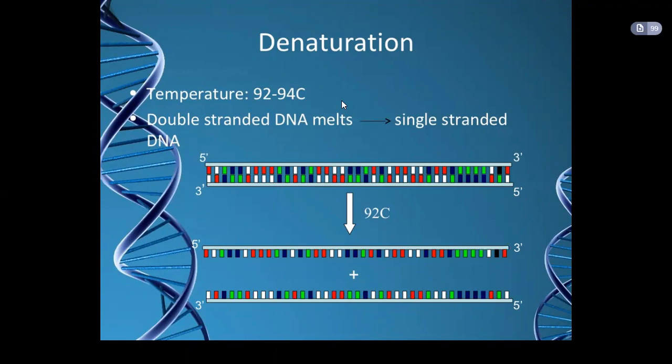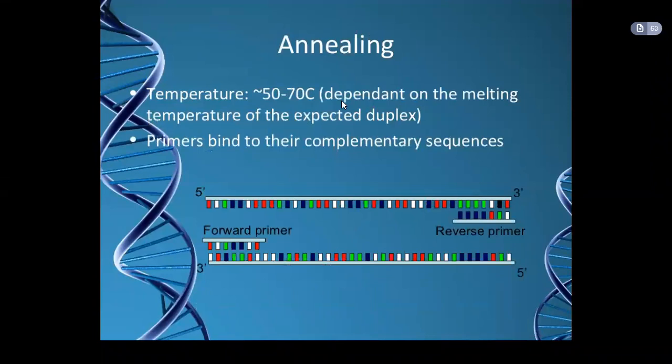And in a second diagram, as you can see, two separate strands are formed. After denaturation, the temperature is again normalized to 50 to 70 degrees centigrade, and at that temperature we can apply a nucleotide sequence as a primer.